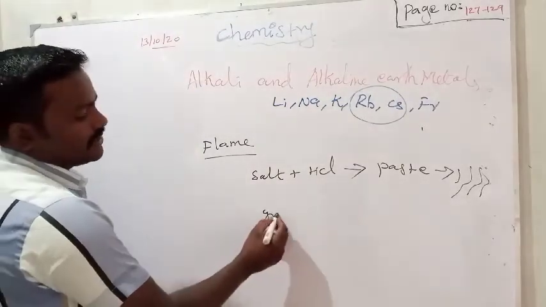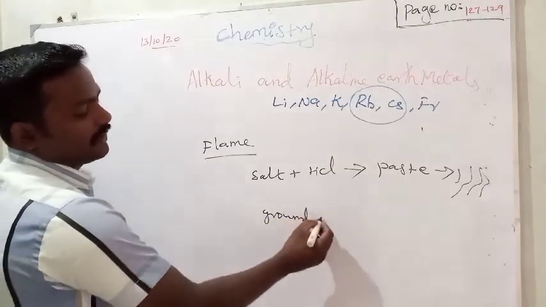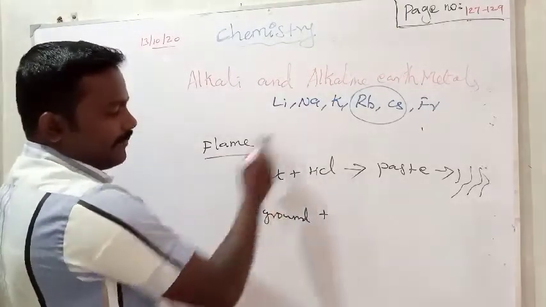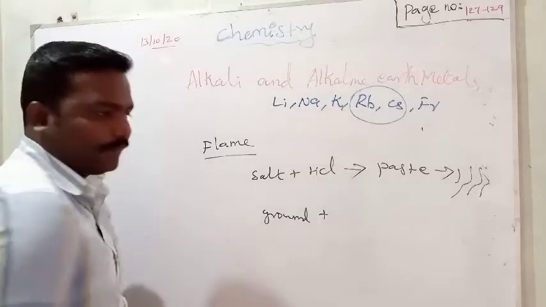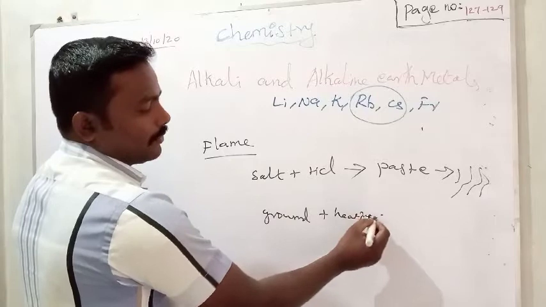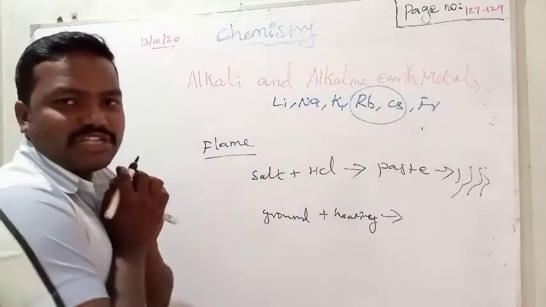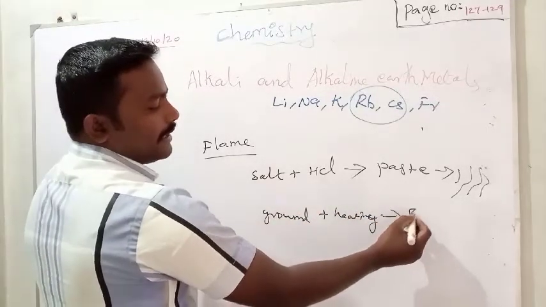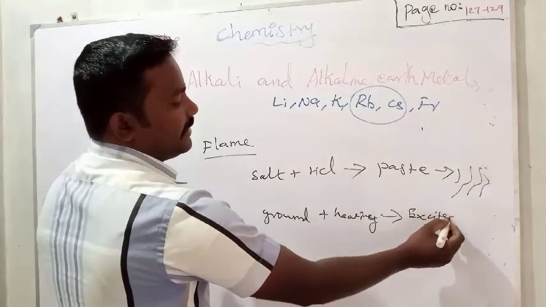See, in the ground state, if you mix that with hydrochloric acid and heat it in the flame, it will absorb some energy. It will go to the excited state.